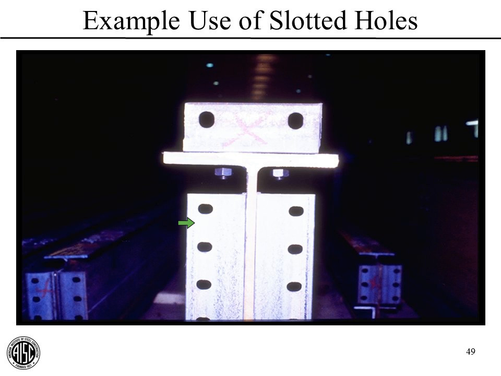If we have these slots, then the fabricator can create a bunch of these angles in the shop with the same dimensions, and they'll work on all of those different beams. So this is a good example of when to use slotted holes there. Okay, similarly, in this flange angle, you see that we have vertical slots, and that's to deal with the variations in the depth of the beam. So the fabricator can use these to consolidate the number of angles that have to be developed in a shop.